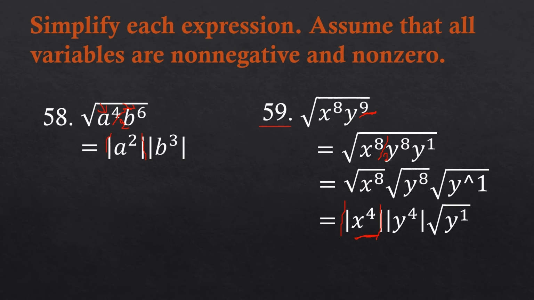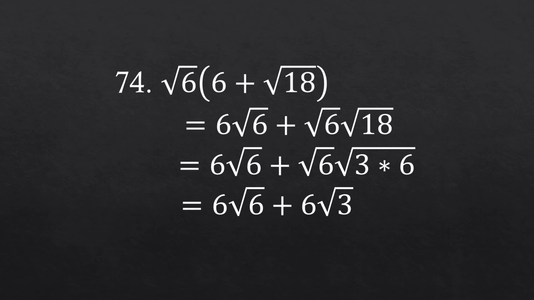As we cannot simplify y power 1 under the radical sign, it will stay the same, but y power 8, we will divide by 2, and this power equals 4, y power 4 in absolute value.